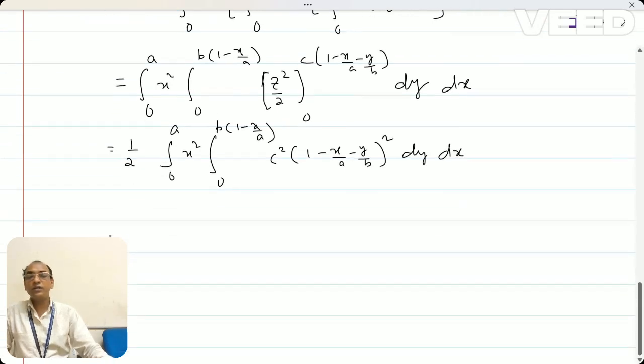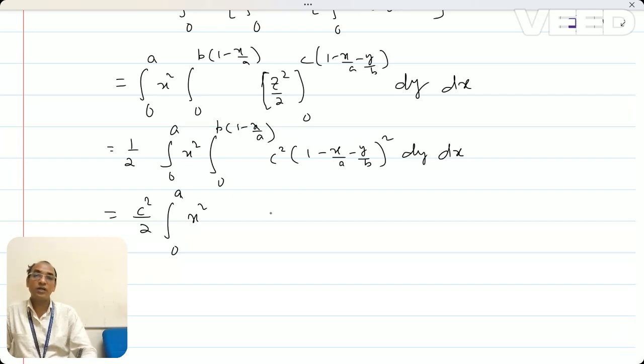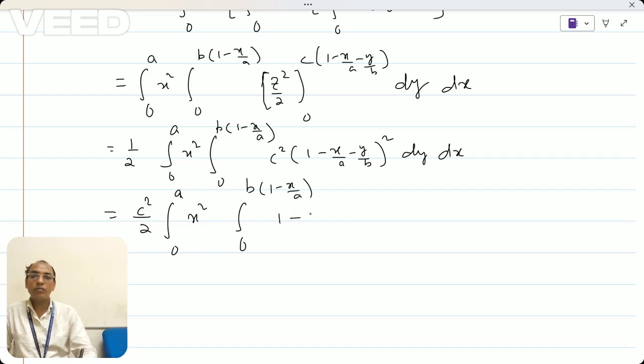So again you see that c square is constant, so we can take it outside. C square by 2, integration 0 to a x square will be as it is. Now the remaining thing is 0 to b into 1 minus x by a, and then 1 minus x by a minus y by b whole square dy then dx.